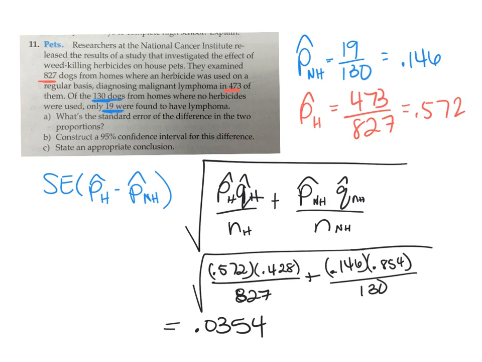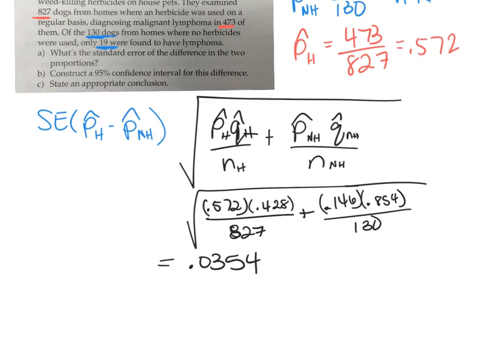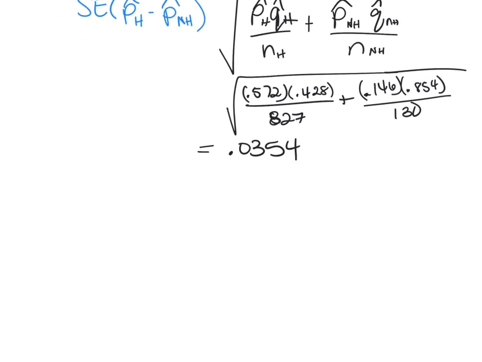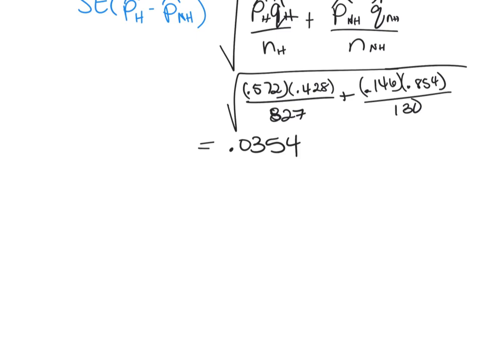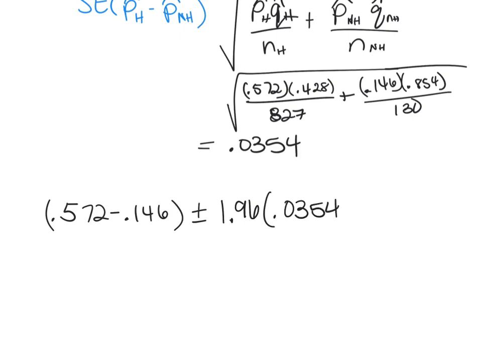So our confidence interval is our sample difference. Let's just move stuff up here. We'll move that up. And we're going to get 0.572 minus 0.146. That's the difference, right? Plus or minus our z star for 95% confident, which is 1.96, times the standard error, 0.0354.